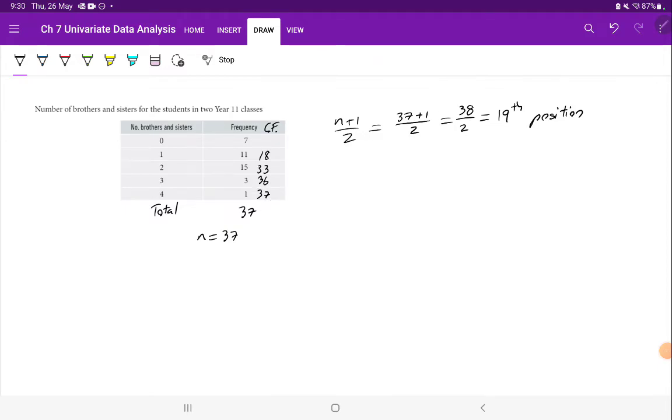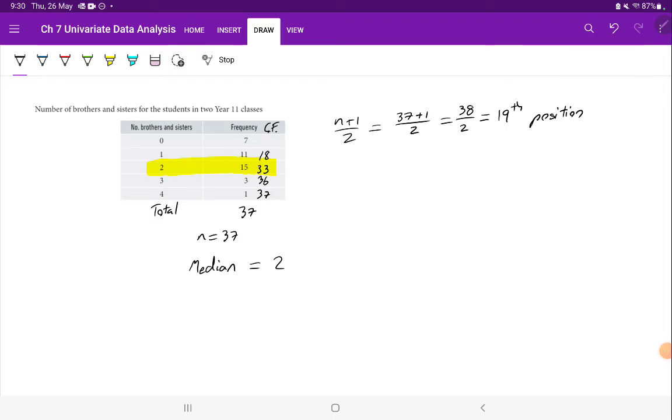So since we're looking for the 19th position, well, 19 is bigger than 7, it is bigger than 18, but it is smaller than 33, which means that my median has to be in here somewhere. So in this particular case, the median will be equal to 2, because the 19th number will be a 2.